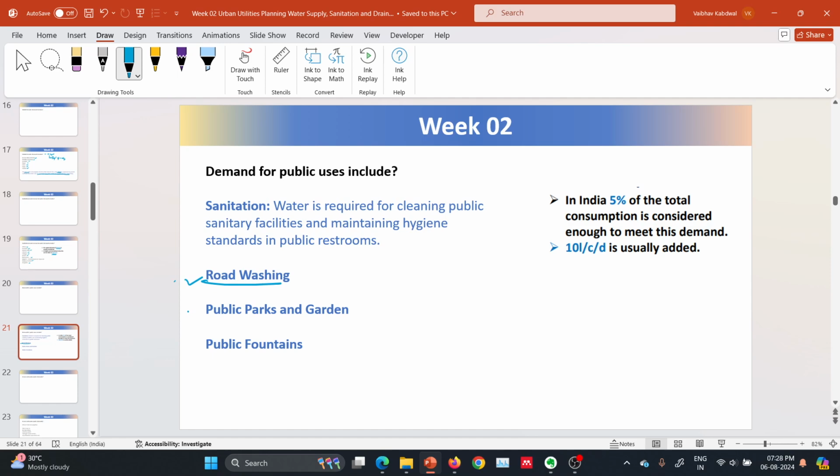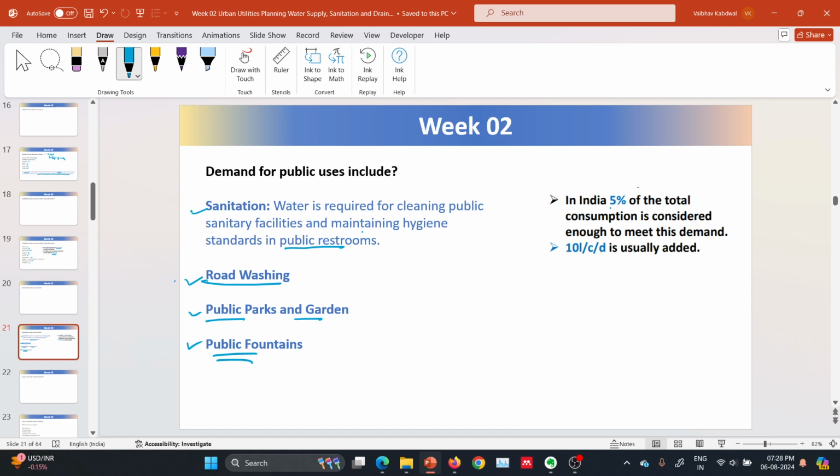So public parks and gardens, the water required there, for public fountains in the parks or somewhere else. So this is public use. And we have public toilets. So for that, water is required for cleaning and for flushing. So water is required for cleaning public sanitary facilities and maintaining hygiene standards in public restrooms. So this is the demand exerted by public use.